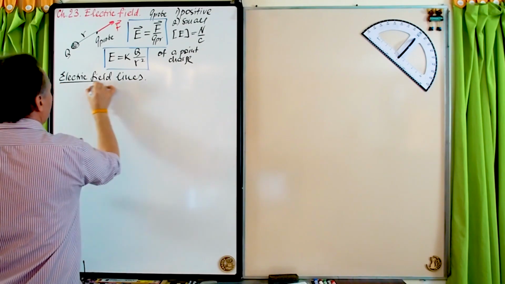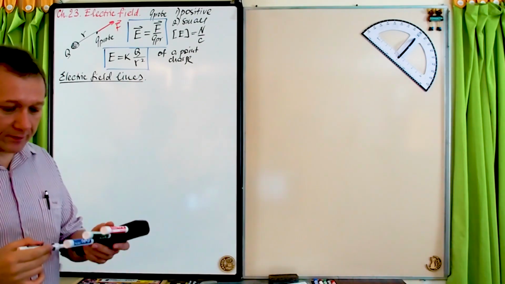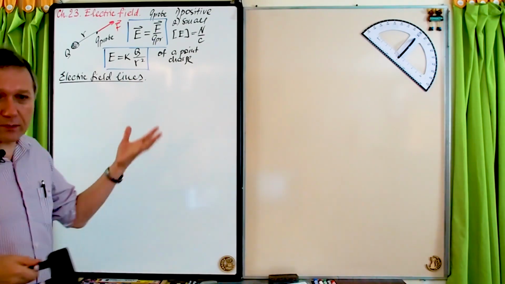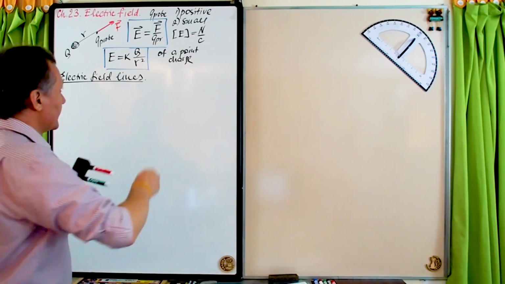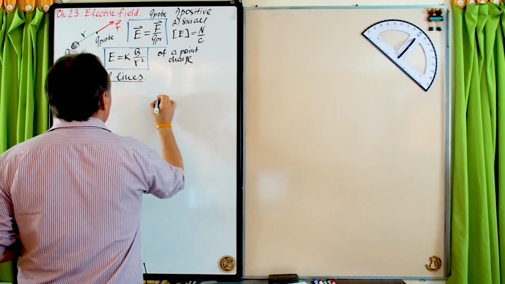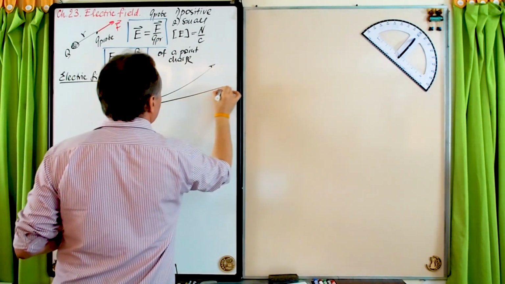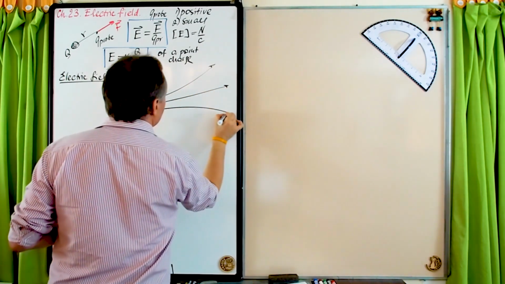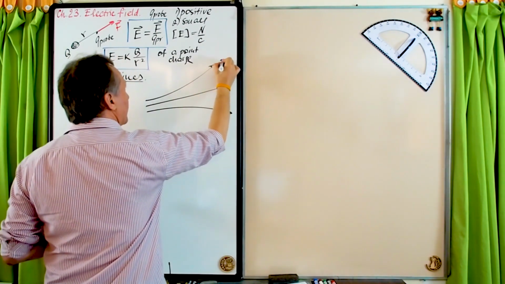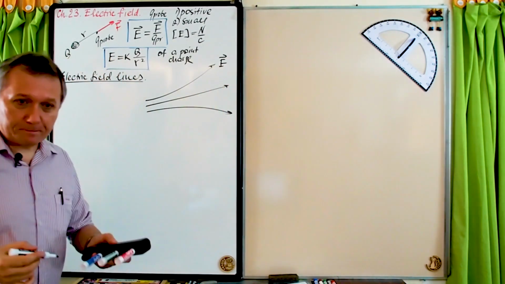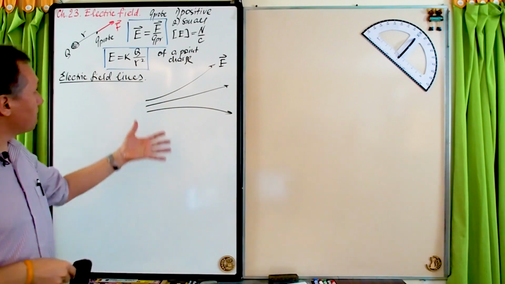So we use them to visualize the electric field. And let me draw some arbitrary set of electric field lines, let's say over here. Let's say these are my electric field lines.